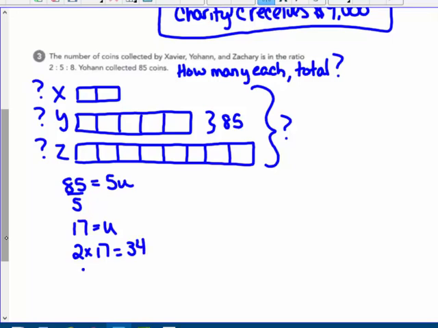And 8 times 17, that would be 136. 136 plus 34 plus 85 gives me a total of 255. So how many did each?